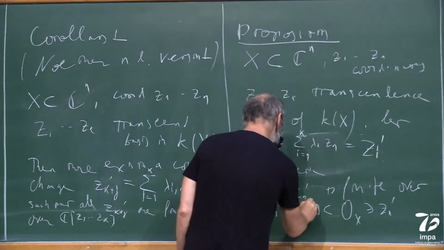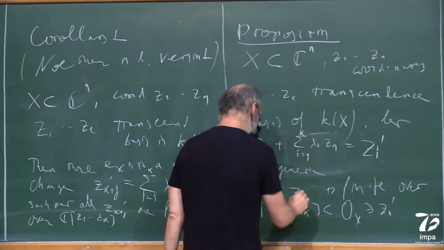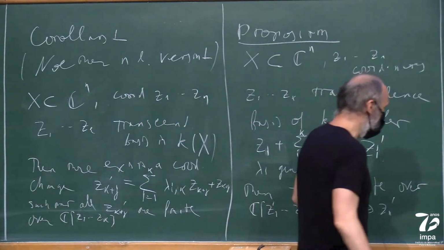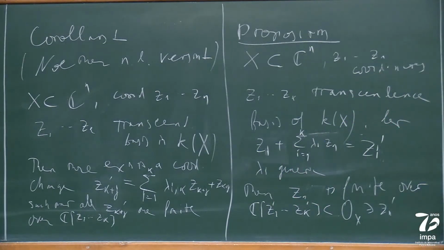And here you have prime all the time, and here you have no prime, sorry. Anyway, you have a linear coordinate change, and it becomes finite. It was correct on slides and slightly incorrect on the blackboard.